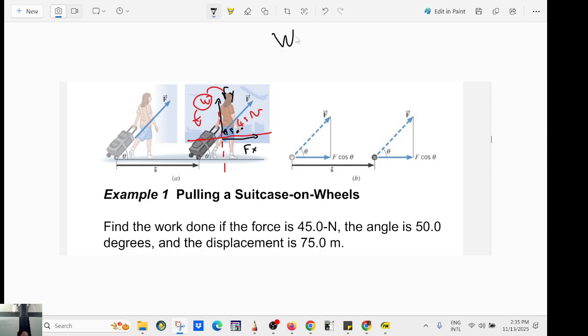So the work done by her on the suitcase is going to be what? What is doing the work? Is it all 45 Newton or only the X component?